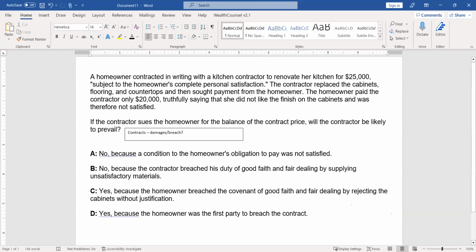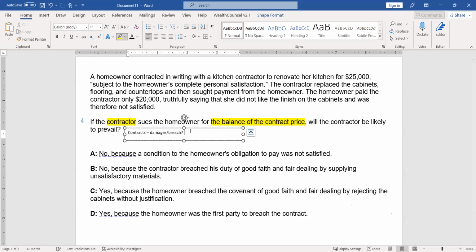Then at the fact pattern, and of course, you would be going faster than I am, but these would be the things that you would highlight. They want the balance of the contract price. Because it says contractor here as well, I would say that it's reasonable for you to think this is a construction contract, but you don't need to make that decision now.